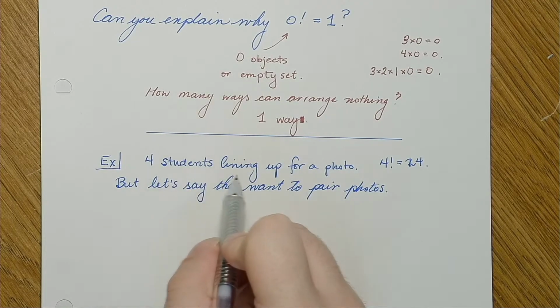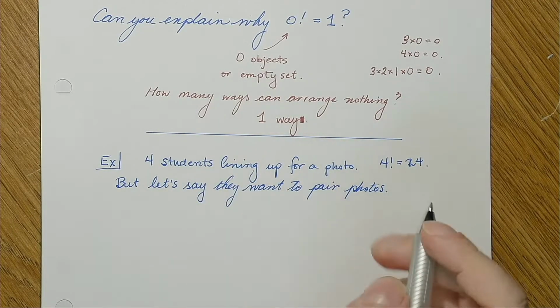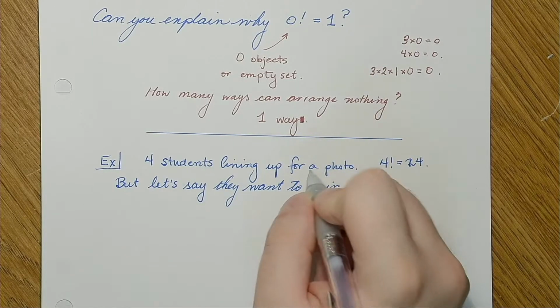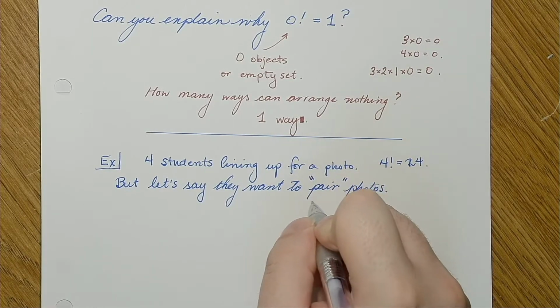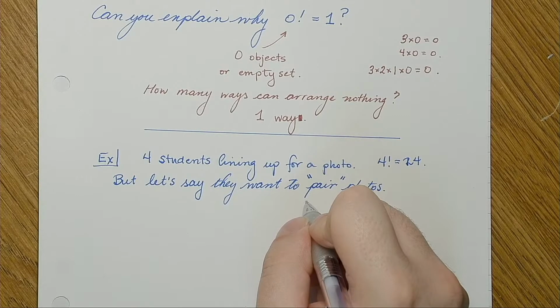So there's 4 students lining up for a photo, but let's say that they want to make pair photos. That means a group of 2 students.